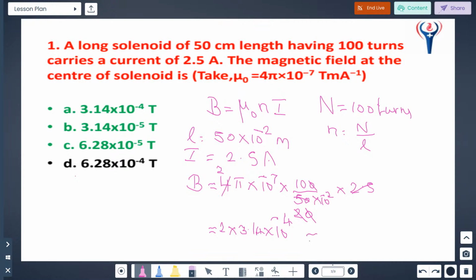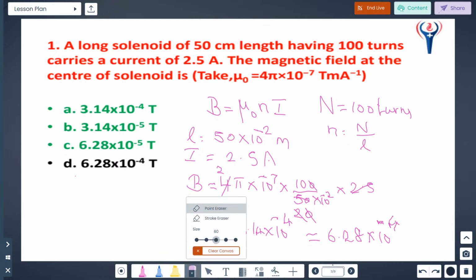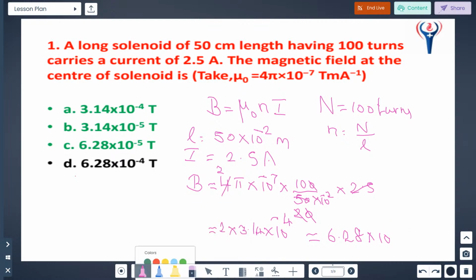This is equal to 6.28 into 10 power minus 4 Tesla.